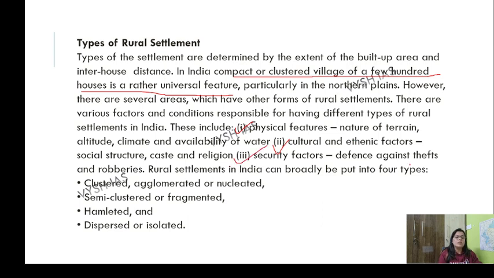We broadly divide rural settlements into 4 types: clustered, agglomerated, nucleated, and semi-clustered, for the coming videos, for the slide, sorry.